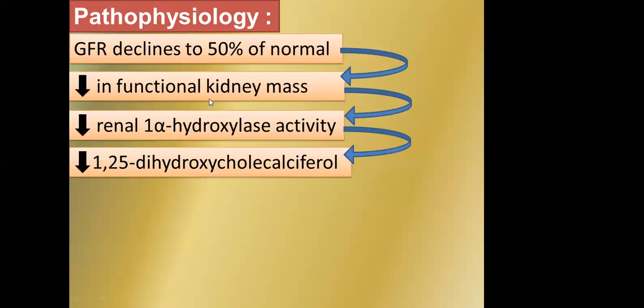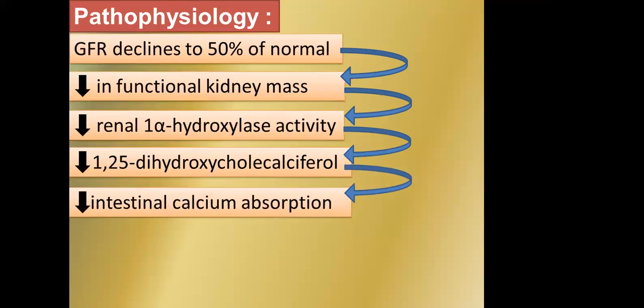It is important for the activation of vitamin D into the active form. That means when vitamin D is absorbed from the intestine, it will not be active for calcium and phosphorus metabolism because of the reduction in 1-alpha hydroxylase activity, resulting in a decrease in the active vitamin D.